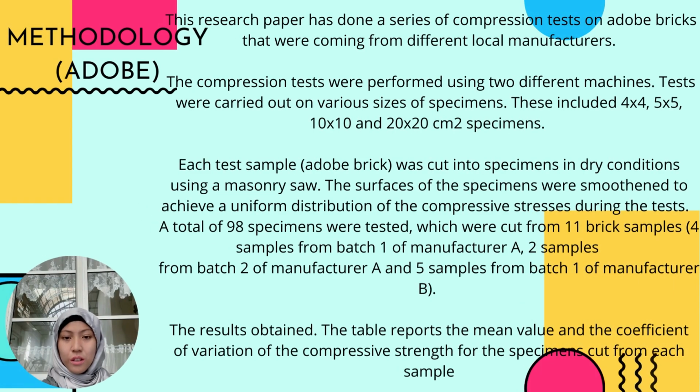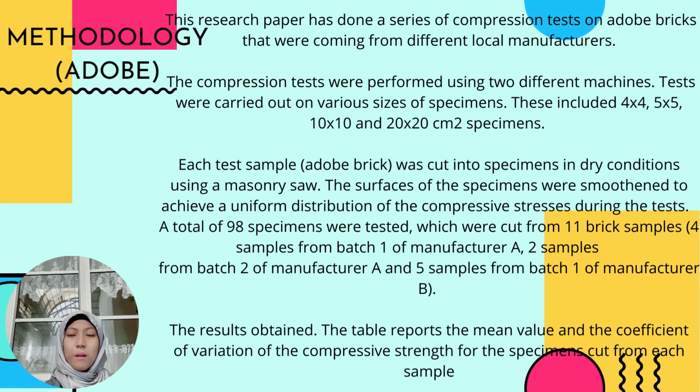The methodology for adobe: this research paper has a series of compression tests on adobe bricks that came from multiple different manufacturers. The compression tests were performed using two different machines. Tests were carried out on various sizes of specimens.